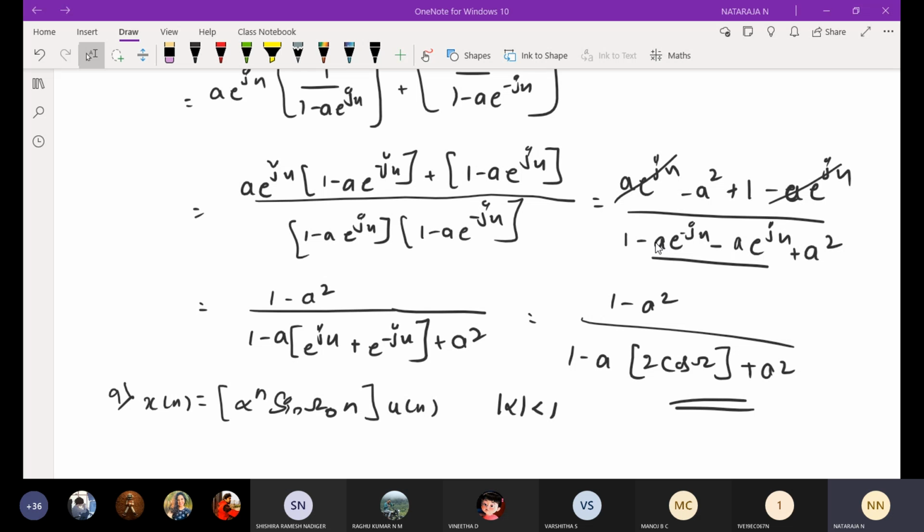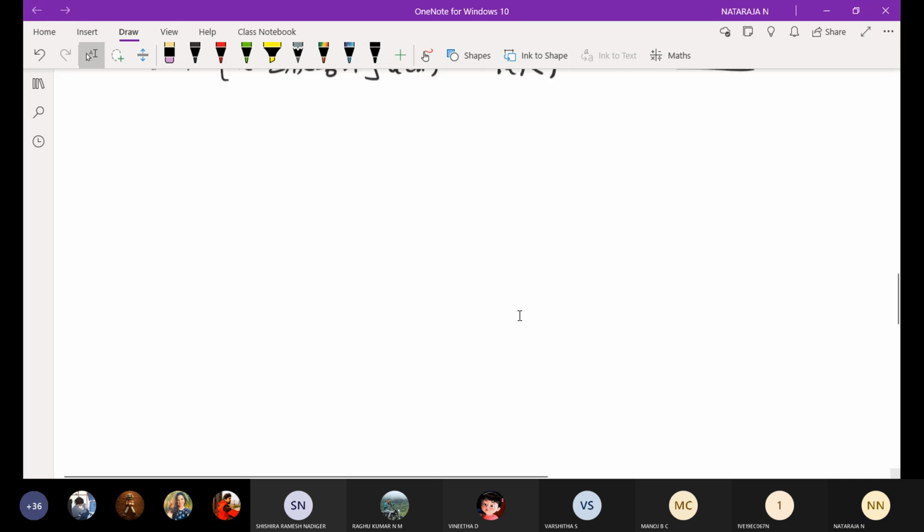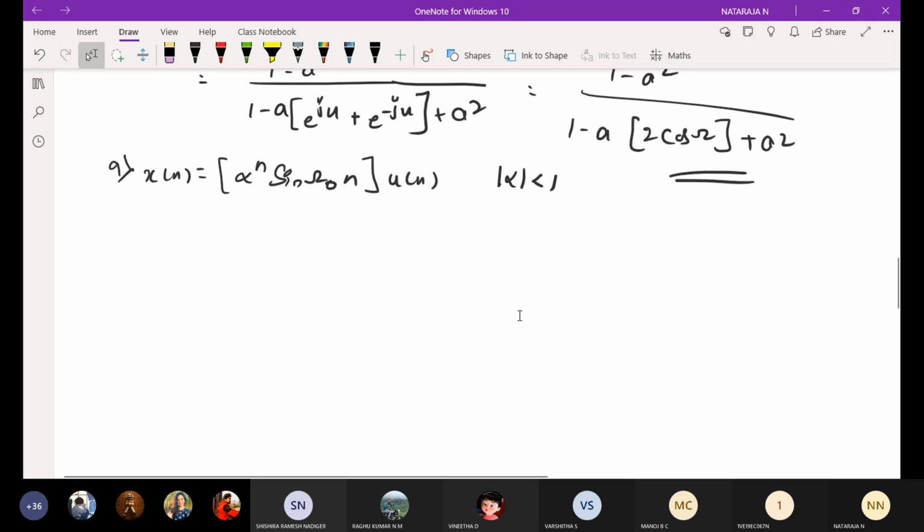Try this, Bruno. Evaluate the DTFT of the signal x of n is equal to delta of 6 minus 3n.